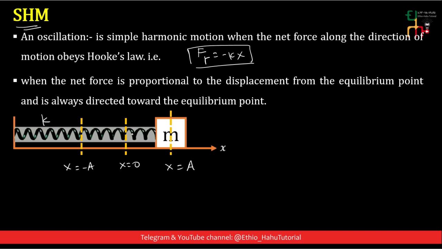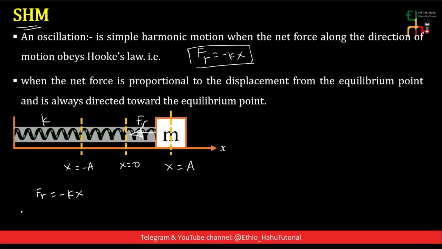As this block oscillates back and forth, or to and fro, about the equilibrium position, there is a restoring force. This restoring force restores a system displaced from the equilibrium position towards the equilibrium position. Therefore, this restoring force is equal to minus k times x.